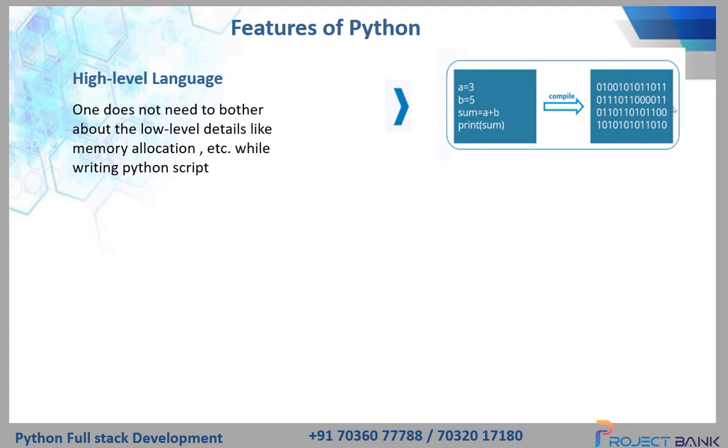Nowadays everything is high level language, so you don't need to bother about what is happening inside. When you delete some memory, you simply write the statement free of file name, and it is deleted, and the memory will be reallocated by the system itself. You don't bother about flushing of the data in the buffer.